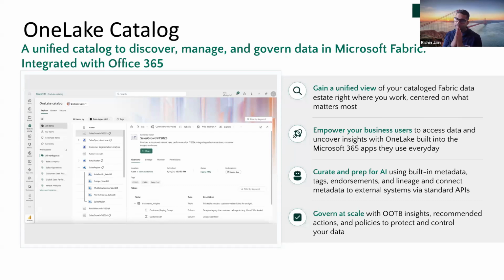The sensitivity labels in One Lake catalog are similar to how it is in M365 and also in Purview. So the same label flows through the whole system. So you don't have to define something new here. And you can access One Lake catalog through different M365 applications as well. And you can apply One Lake security and also Purview governance policies through this catalog.